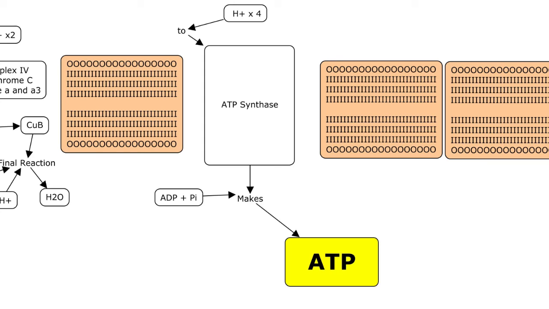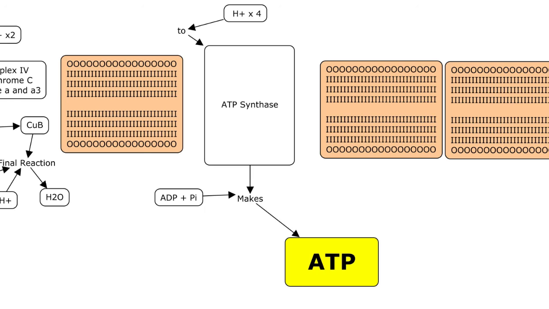Additionally, because we're talking about H pluses, we're not just talking charge, we're also talking acidity. You're going to be more acidic, a lower pH, inside the intermembrane space, and more basic, a higher pH, inside the mitochondrial matrix. So this is going to cause the protons, or H pluses, to flow back in, and there's a pore in this ATP synthase, which you can think of as a giant wheel or a pump.